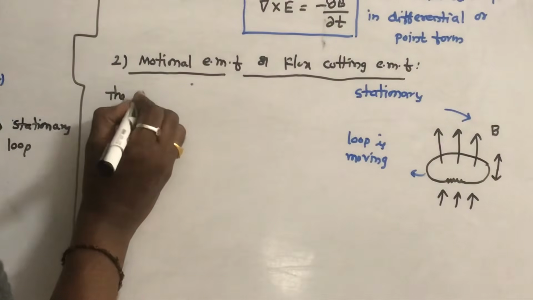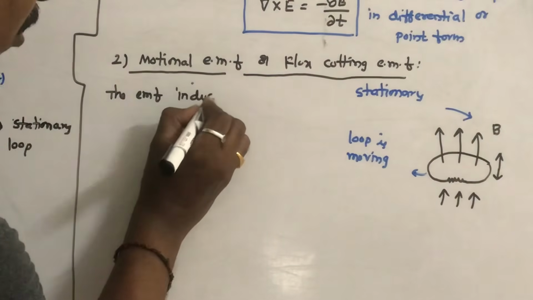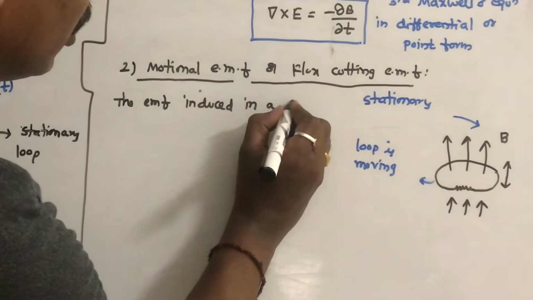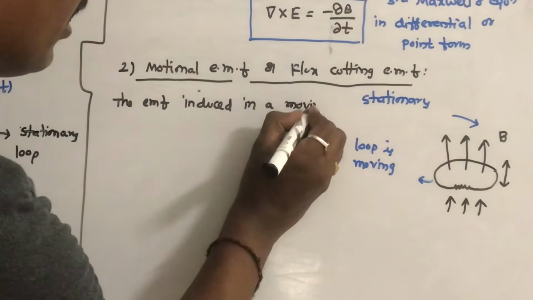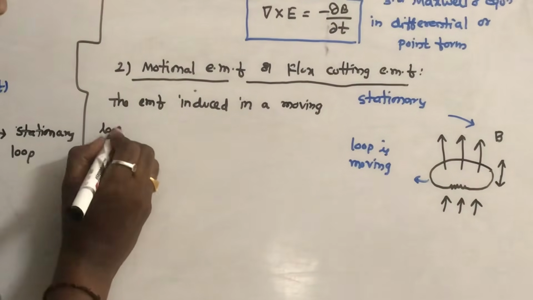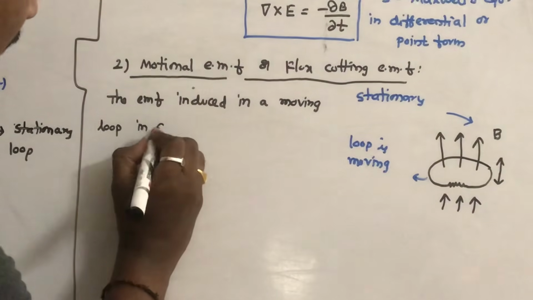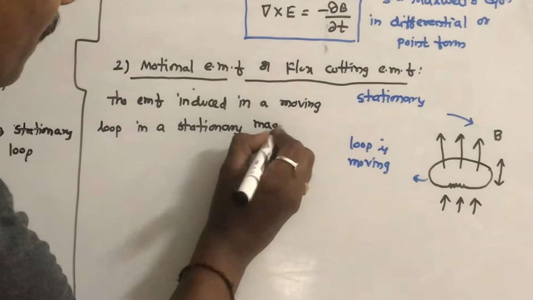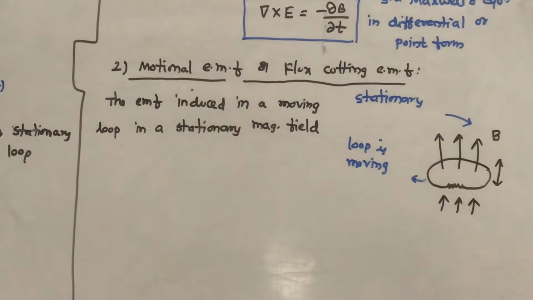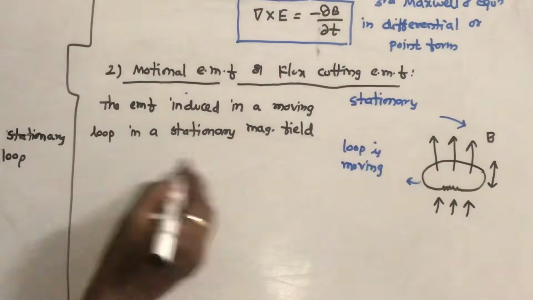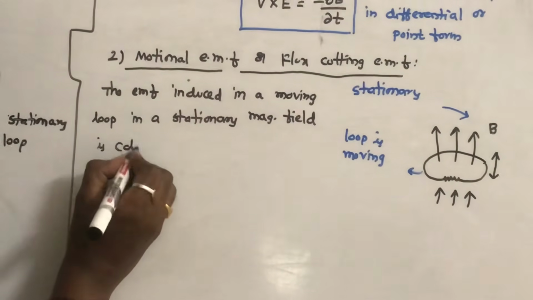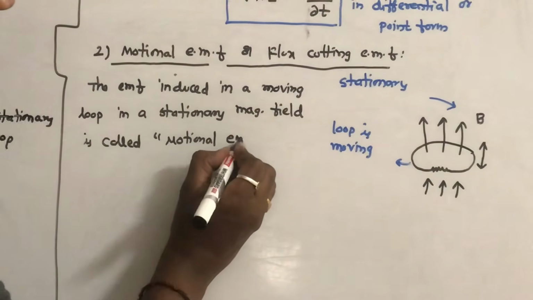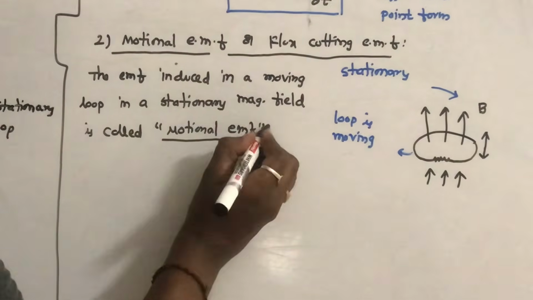The EMF induced in a moving loop in a stationary magnetic field is called motional EMF. Very, very simple definition. So this is what you have to write, motional EMF.